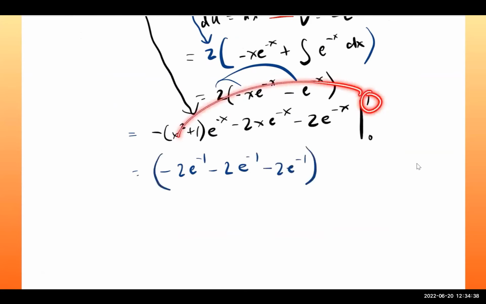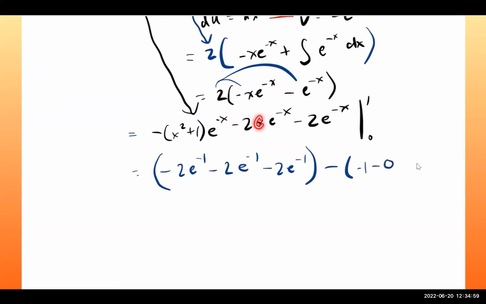That's just plugging in the 1 part to each term. Now I got to plug in the 0. So minus, if you plug in 0, you're going to get negative 1 for the first one, I believe. Let me double check that. 0, 1, negative 1, yes.